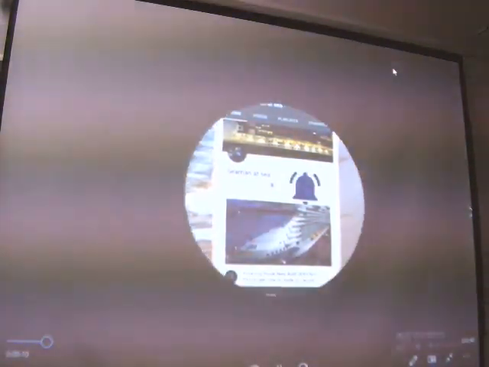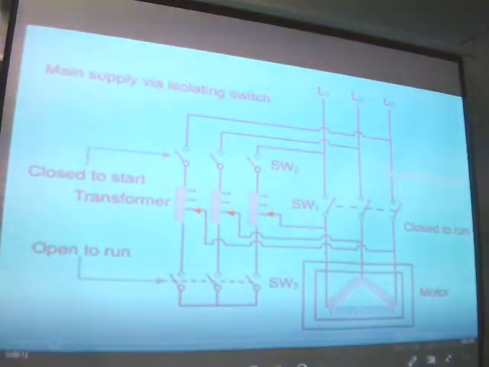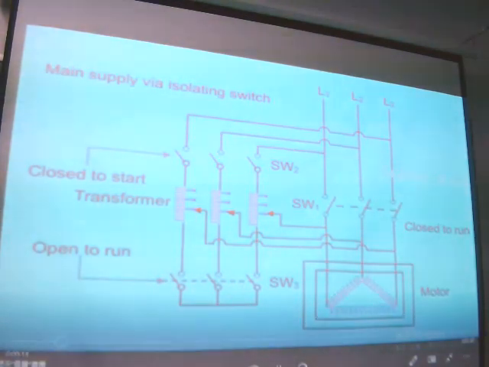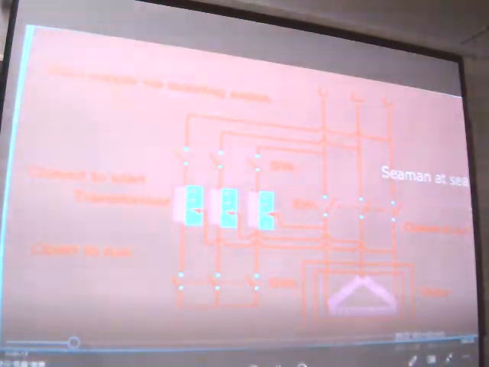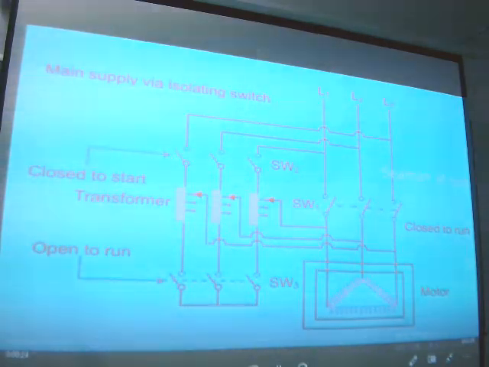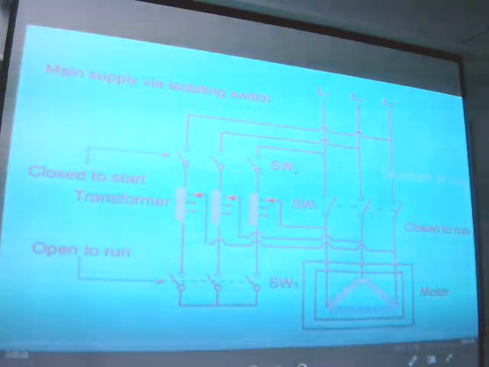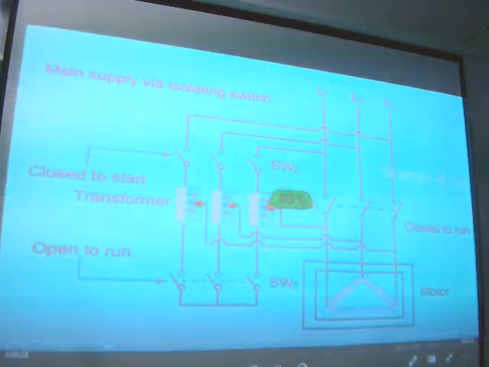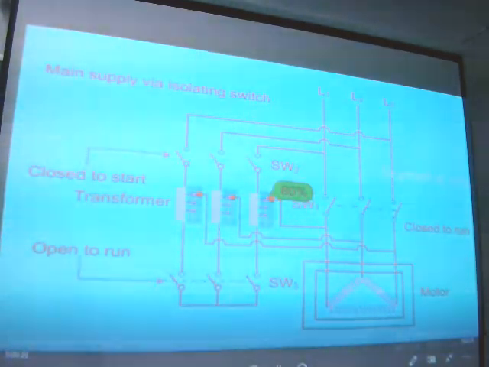The circuit diagram for the auto transformer starting of motor is shown. The auto transformer has tapping switches in the secondary winding. The tapping switches provide output voltages of 50%, 65%, 80% of the supply voltage.